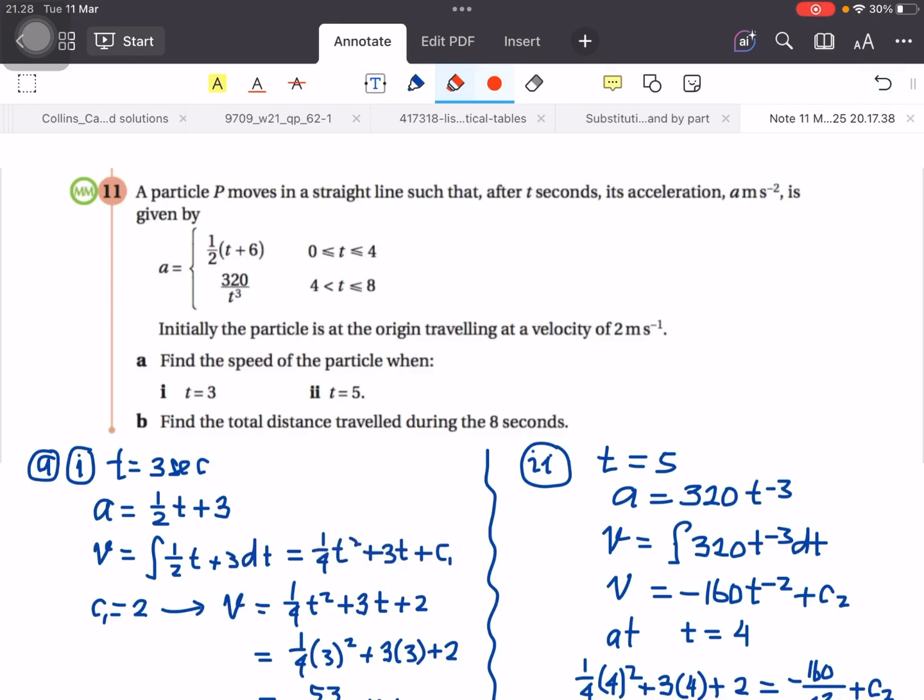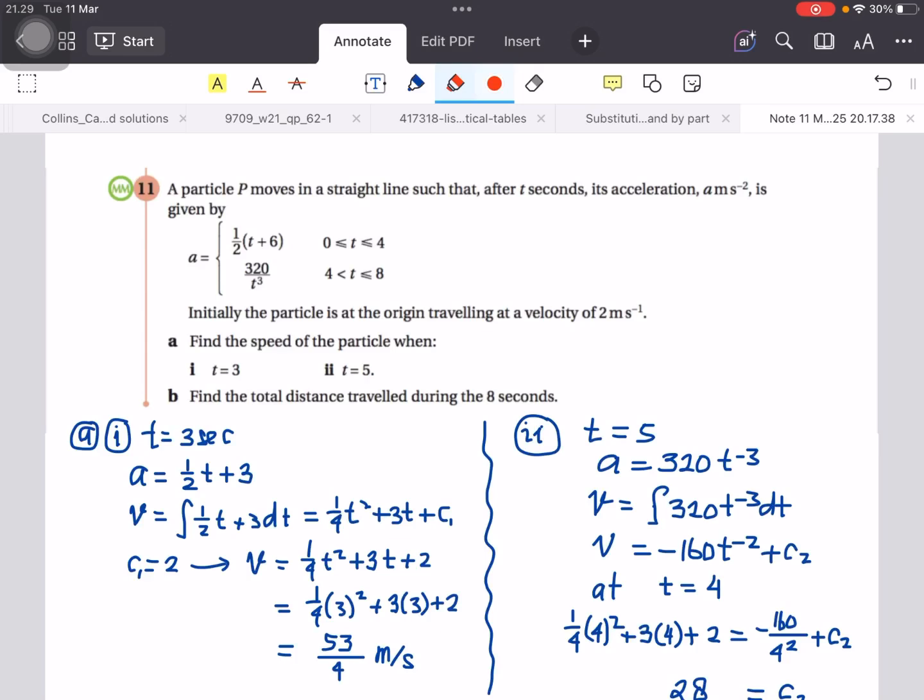To find c1, we can use the initial condition that initially the particle moves with velocity 2 meters per second. So using that condition, we can find that c1 is equal to 2. So v is equal to 1/4 t squared plus 3t plus 2. And then the answer will be 53/4 meters per second.